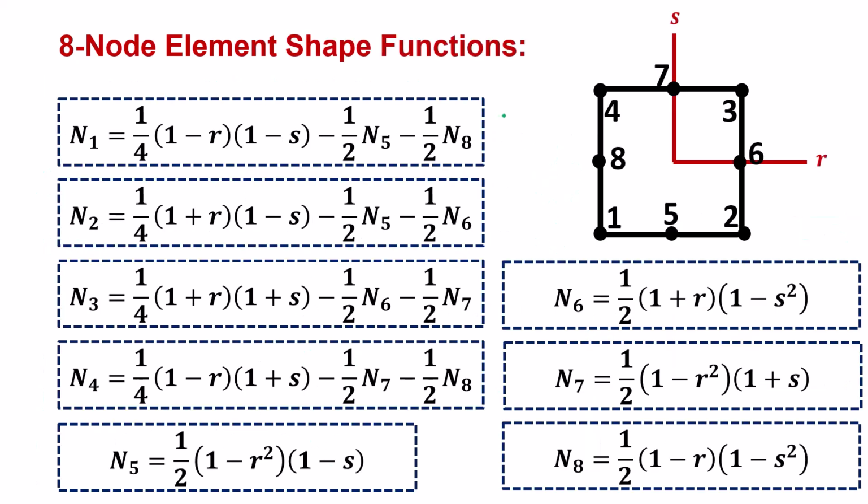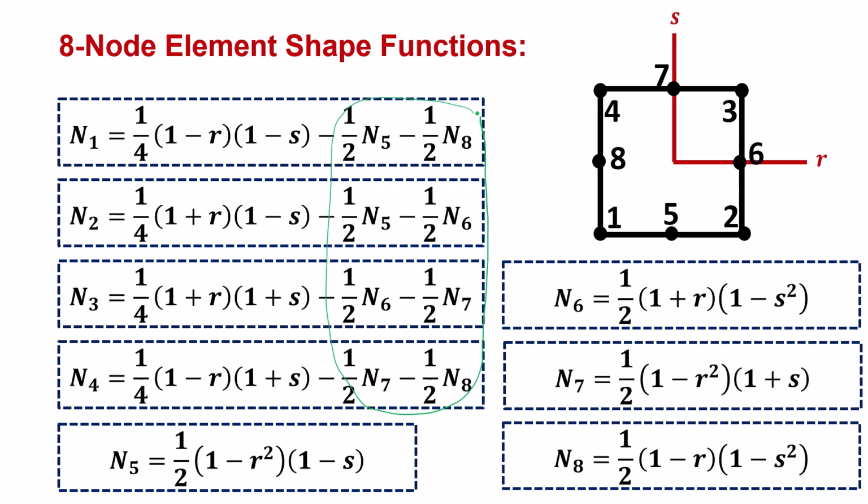Here we have the complete set of shape functions for the 8-node quadrilateral element. As you can see, nodes 1 through 4 are based on the original bilinear form, but each of them is corrected by subtracting contributions from the mid-side nodes, as you can see here. Nodes 5 through 8 are the mid-side functions, and each one has the form of a quadratic term along its edge and a linear term in the perpendicular direction.